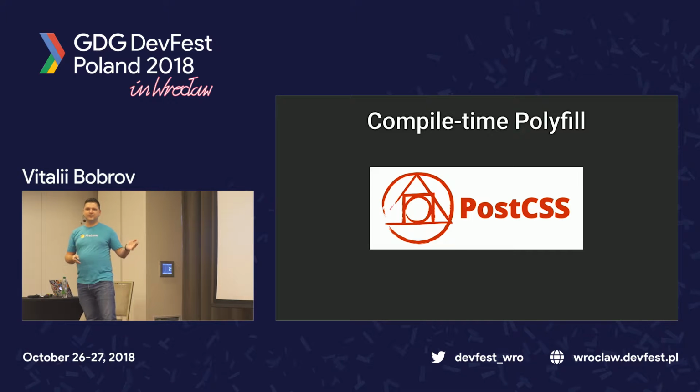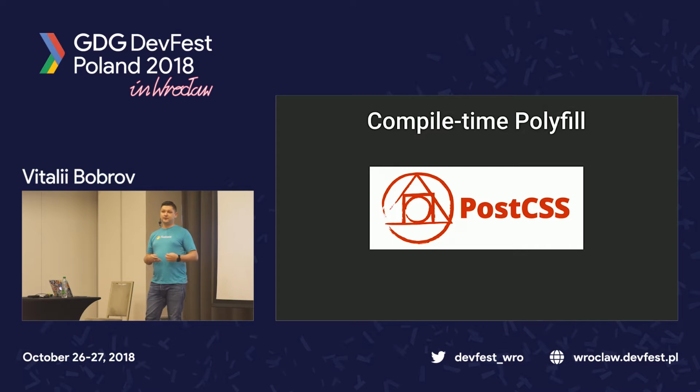The most famous one is Autoprefixer. It applies all prefixes according to your browser support config. It's called browserslist. And right now Babel also uses the same configuration, browserslist, to apply Babel plugins. So it polyfills JavaScript features according to the browsers you're going to support.